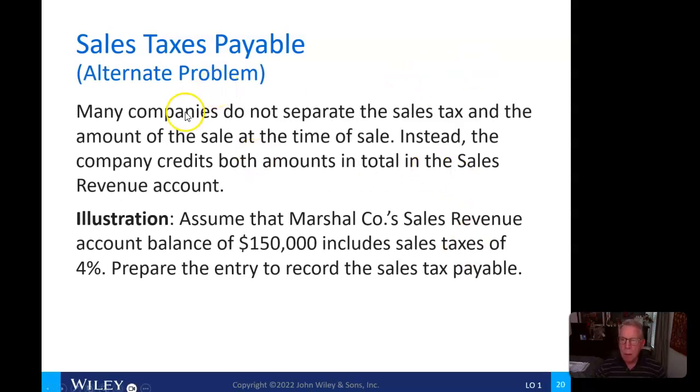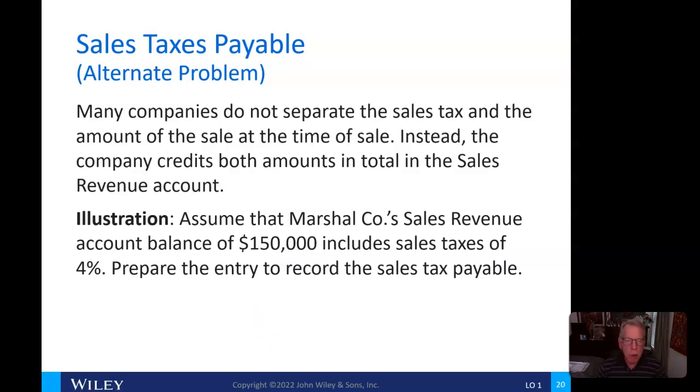All right. Many companies do not separate sales tax and the amount of the sale at the time of sale. Instead, the company credits both amounts in total in the sales revenue account. This gets a little tricky. So here, in illustrating that, we assume that Marshall Company's sales revenue account balance of $150,000 includes sales taxes of 4%.